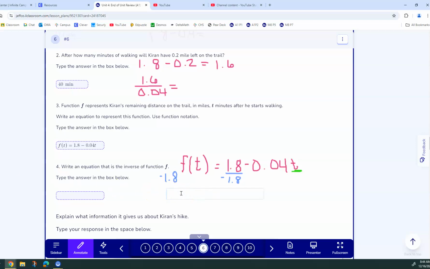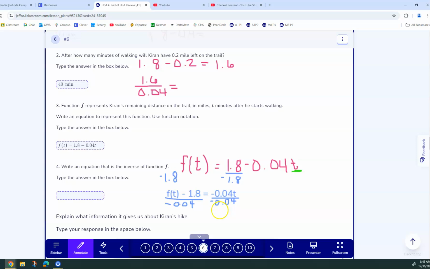So now we have f of t minus 1.8 equals negative 0.04 t. Well, now how do we get the t all by itself? Right now it's being multiplied by negative 0.04. So we're going to divide both sides by negative 0.04. Sorry, must include the sign, negative 0.04.